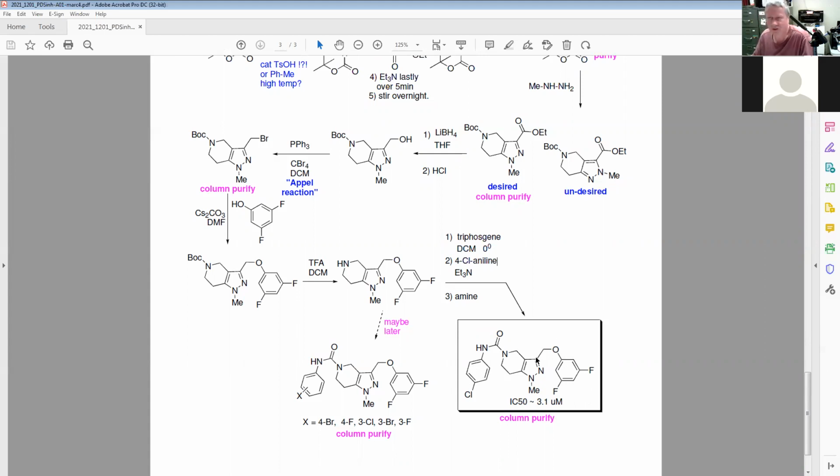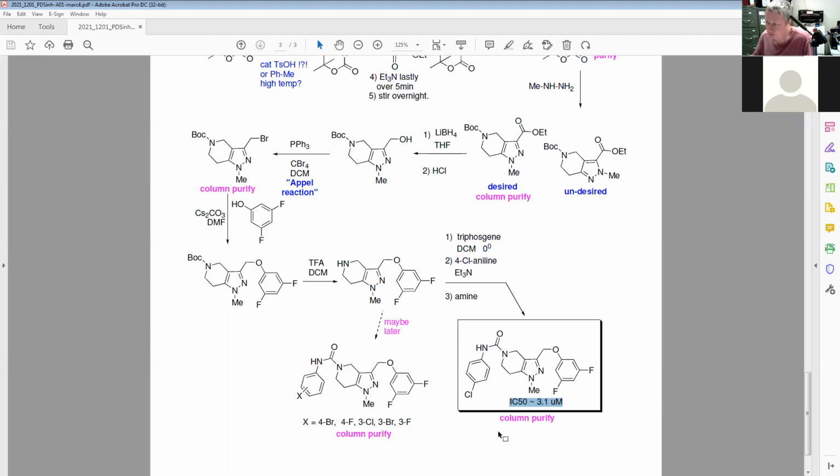And this is just a control. We need to test our assay. And this IC50 is a potency of the molecule, and we have 30 other molecules that we made, and we can't test those until we make this. So that's why I had to make this.